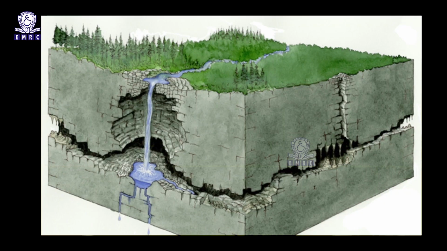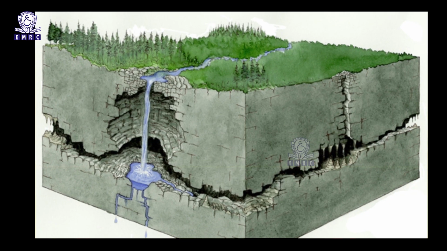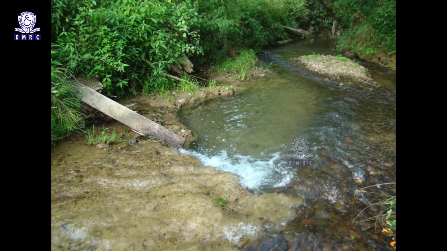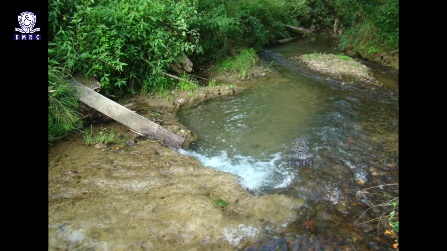Sinking creeks. The surface of the karst plain looks like a sieve because of the development of closely spaced numerous sinkholes. These sinkholes act as funnels because surface water disappears into the underground through these holes.